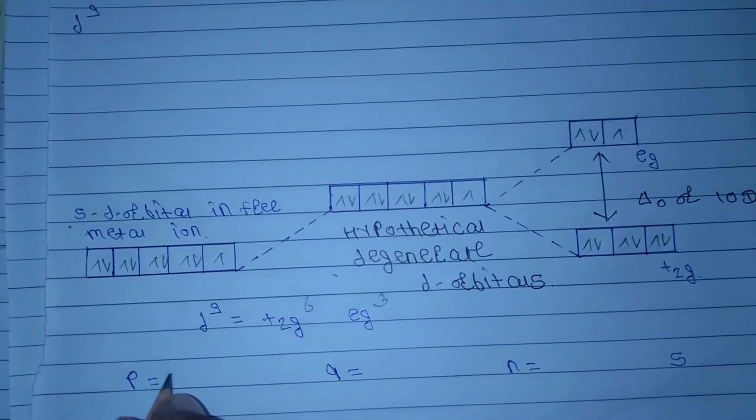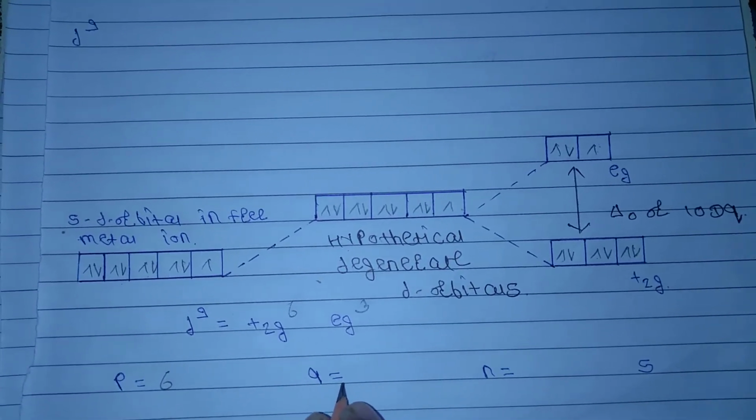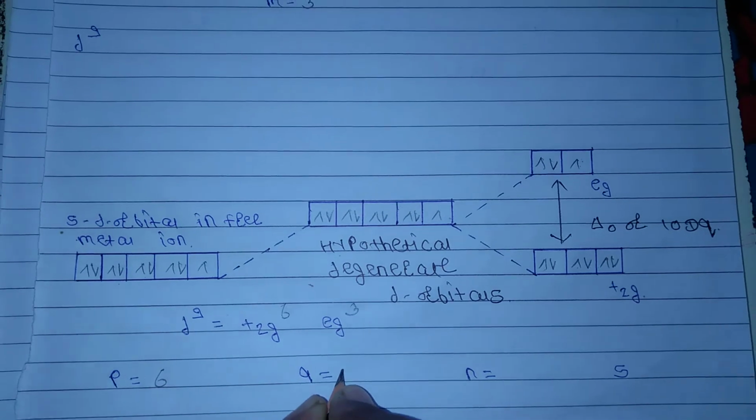So P is equal to the number of electrons present in t2g, meaning 6. Q is equal to the number of electrons present in eg, meaning 3.